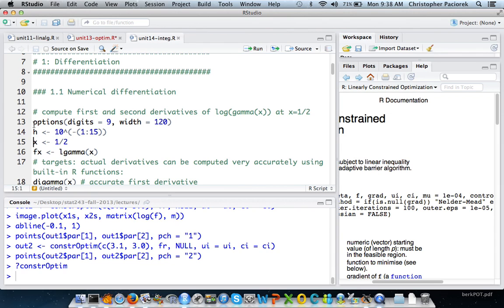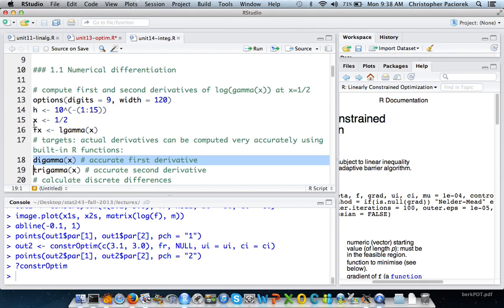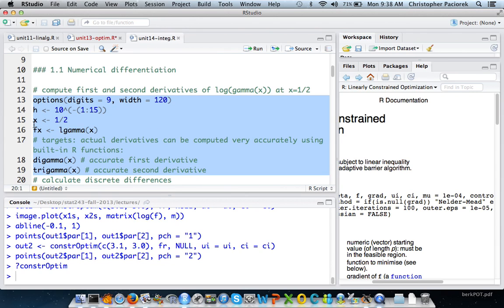I'm going to do it for a function where I can calculate the derivative and second derivative analytically, and evaluate them quite precisely in R. So I'm going to use the log of the gamma function. The first derivative can be calculated using an R function called digamma, and the second derivative using a function called trigamma. Based on these, I can get really accurate estimates of the actual derivatives. This is obviously just a toy example, because if I could do this, I wouldn't need the numerical derivative.